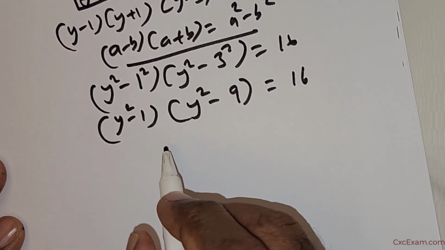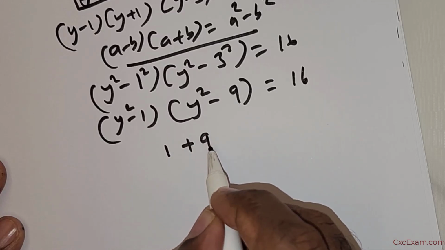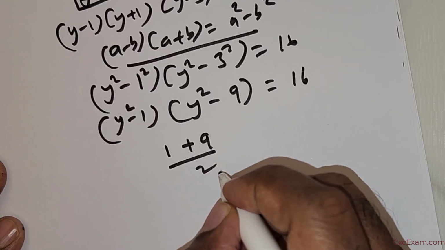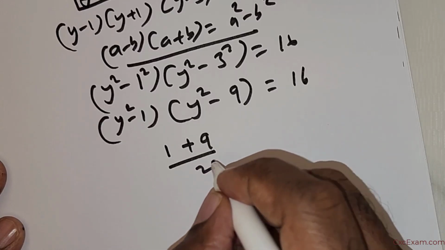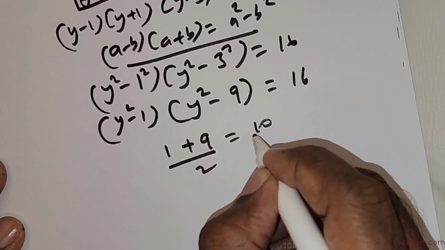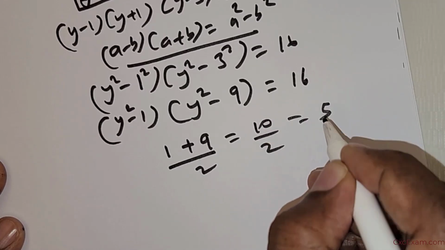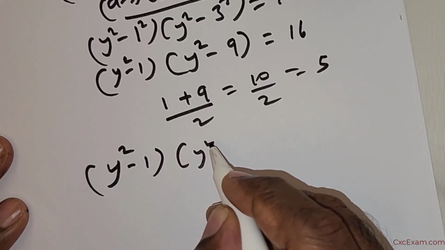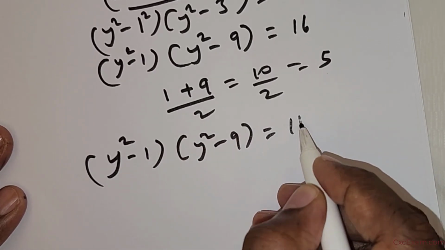Now take the number 1, take the number 9, add it together and you divide by the number of numbers you got. So you have the total number of numbers being 2. So 10 divided by 2 is going to give you 5. Now rewrite the system. y squared negative 1 times y squared negative 9 is equal to 16.